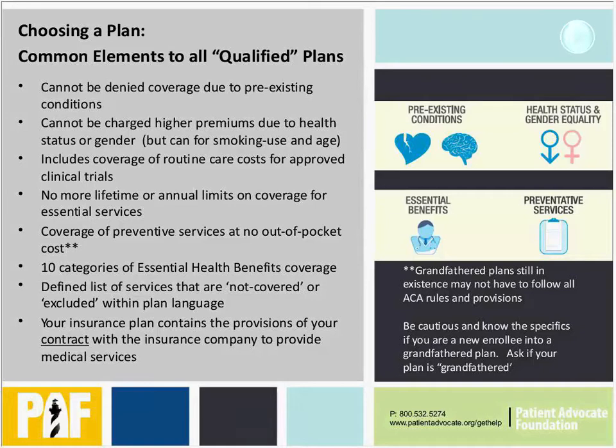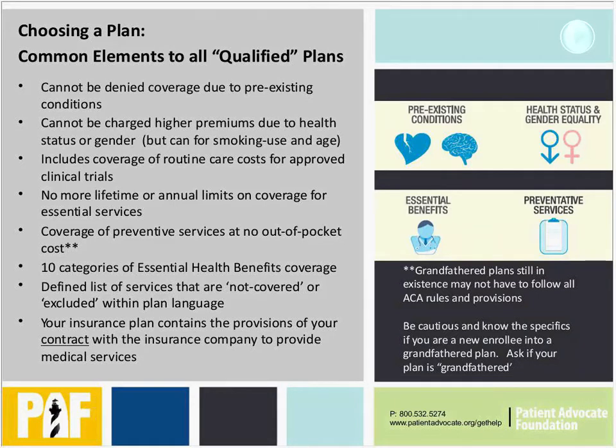It must include coverage of routine care costs for approved clinical trials. It cannot have lifetime or annual limits on coverage for essential services. The cost of preventative services has to be zero. They have to be paid at 100%, so that the consumer's not paying out of pocket.